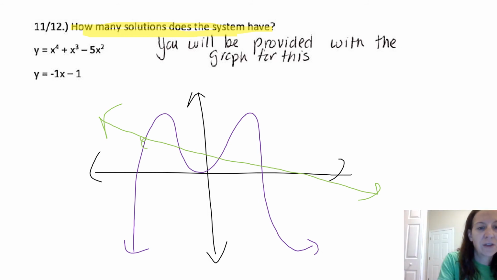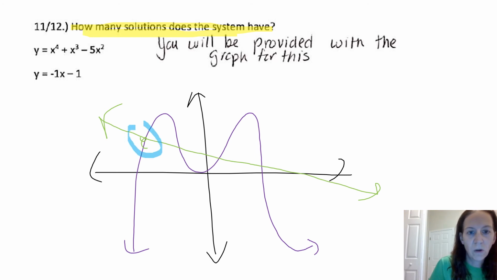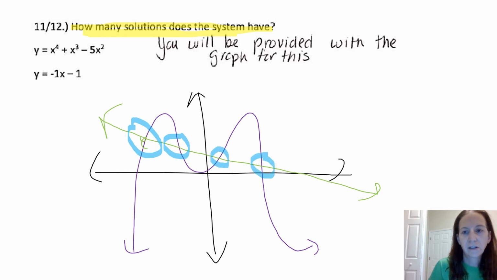And so you count them. Let me put the little highlighter on. Okay, so we'll change the color. 1 solution, 2 solutions, 3 solutions, 4 solutions. The answer to this question is 4.